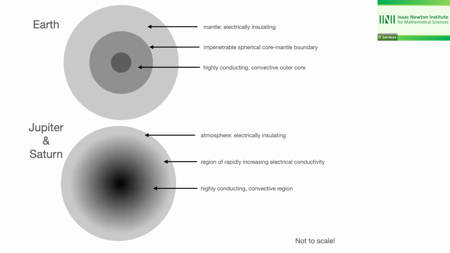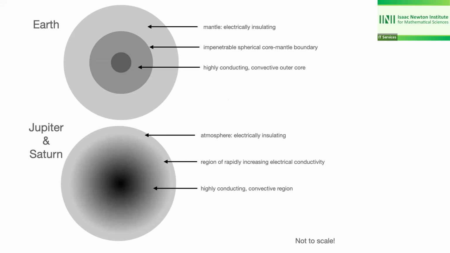So for Earth, we have a situation where we've got a mantle, which is essentially electrically insulating. We have an impenetrable, very nearly spherical core mantle boundary, and we've got a highly conducting convective outer core. So the electrical conductivity is near zero until one reaches the core mantle boundary.